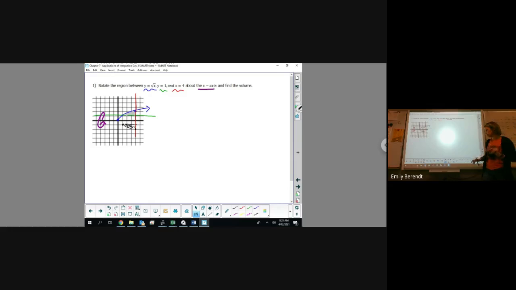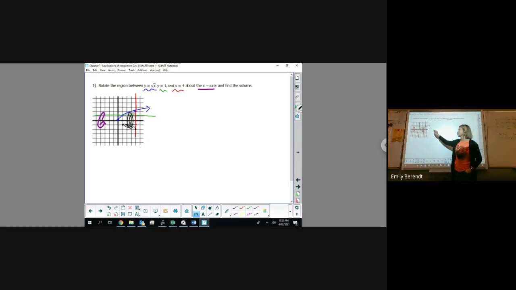Our washer has the top touching the blue line, and the inner circle touches the green. The top of the big R touches the blue, and the top of the inner radius touches the green.